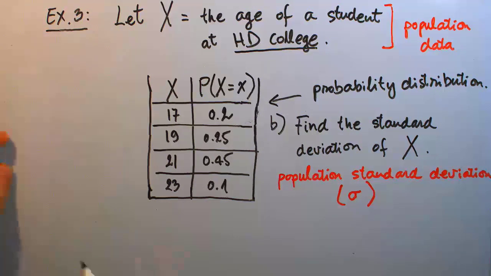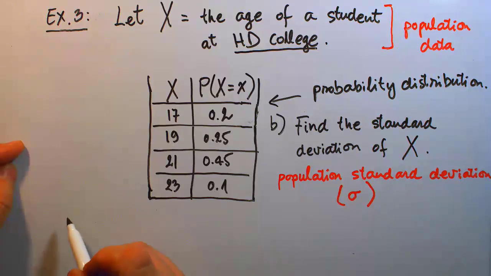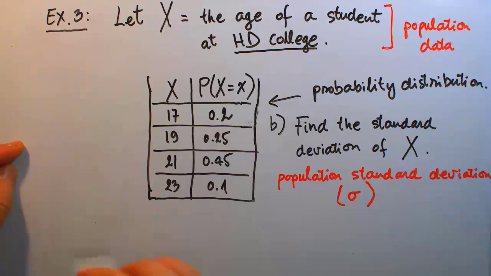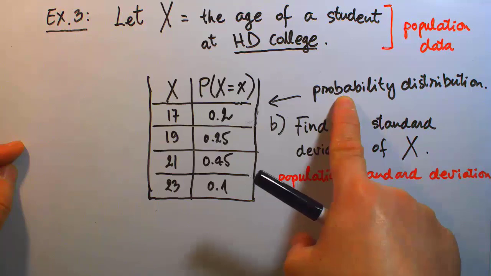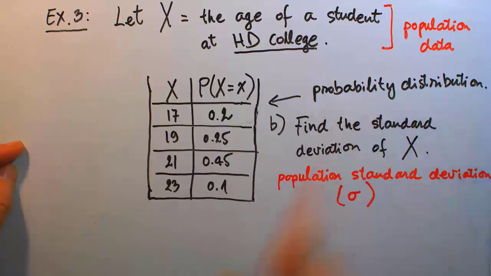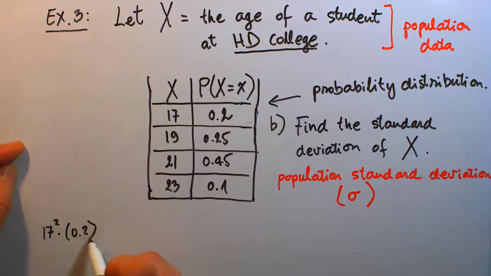And as far as the work, I have to warn all viewers ahead of time that once again we won't have any fast technological tools to help us with this, because what we have here is not a complete list of data. We only have a probability distribution of the data. So we must use the formula. First, 17 squared times the probability 0.2.